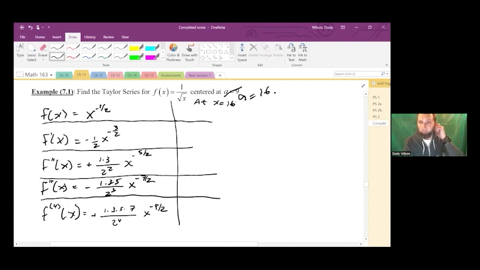So the first term is going to be 1/4. The second term is going to be minus 1/2 times 1/4 cubed.